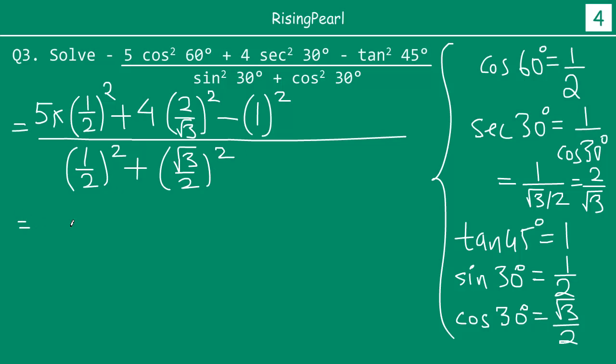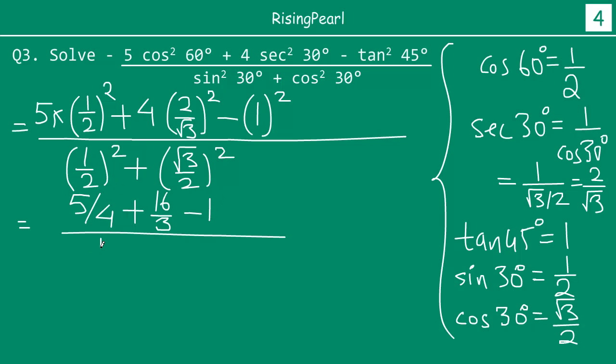Now let's just solve this. It's a regular expression. So this will be 1 times 1 and 2 times 2. So it will be 1 by 4. So we will have 5 divided by 4 plus 2 square will be 4. And 4 times 4 is 16 divided by root 3 times root 3 is 3 minus 1 square is 1.